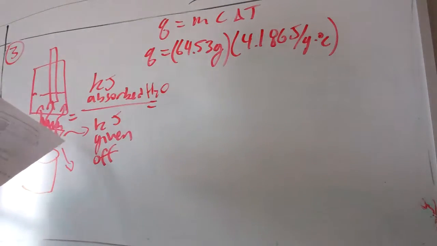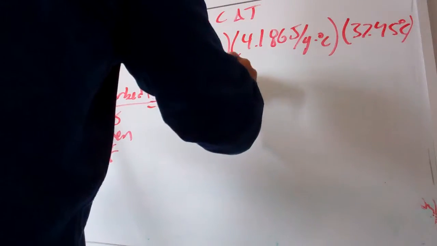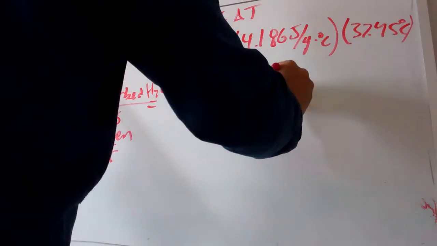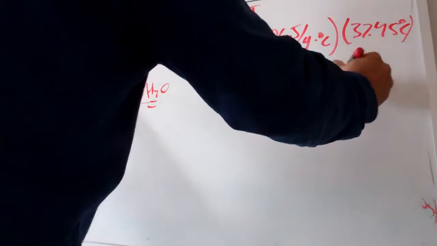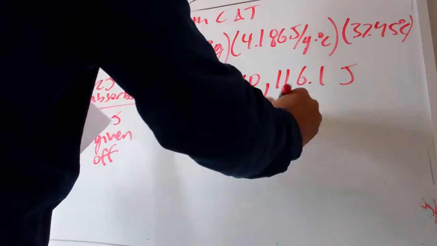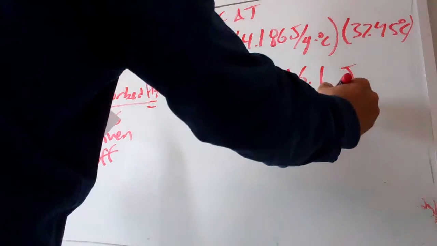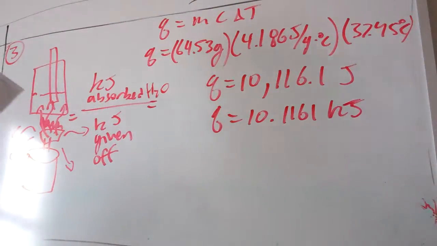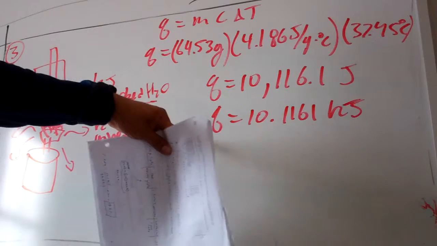And then the change in temperature of the water is 37.45 degrees Celsius. You do the math, Q is equal to something like 10,116.1 joules, also known as 10.1161 kilojoules. Okay, and I'm leaving the number long because at the end I'll trim it down. So that is the kilojoules absorbed.